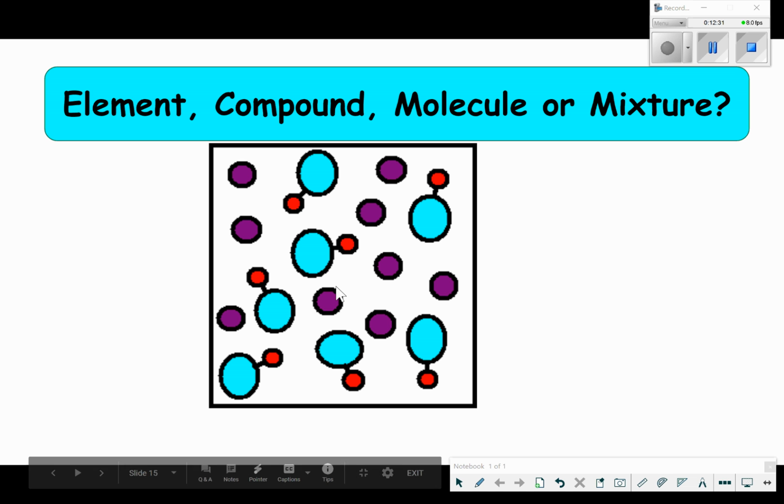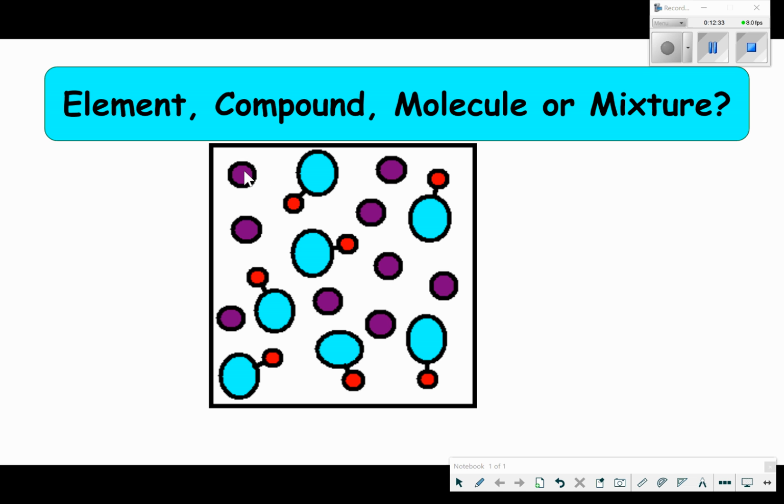This picture shows purple atoms, blue and red molecules or compounds, whatever you want to call it. So we are not talking about a single element. We cannot be talking about compounds because we've got purple atoms loose around here. So the only thing this could be is a mixture.